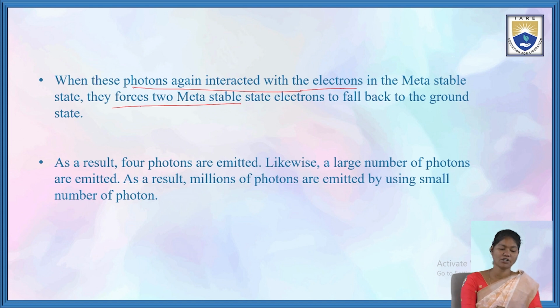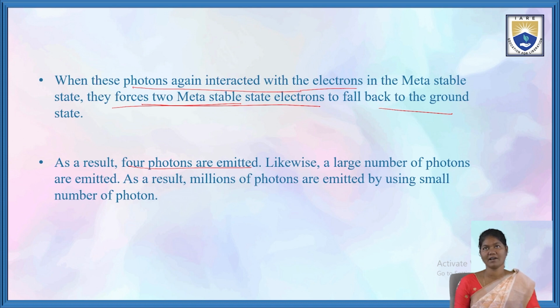Because of that, four photons are emitted. Likewise, a large number of photons are emitted. As a result, millions of photons are emitted by using a small number of photons.